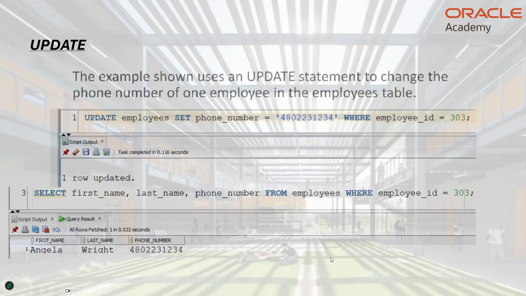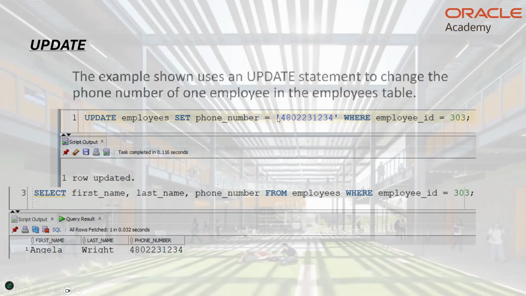So take a look at this example. We're updating employees, update table, keyword set, phone number is your column, equal to this new value, 480-223-1234, for the employee ID condition.